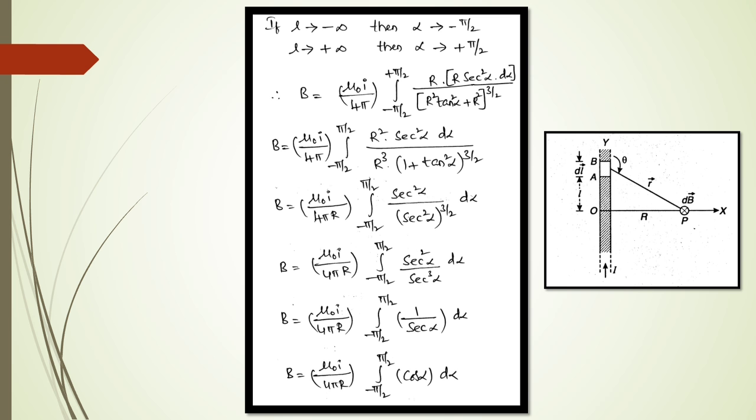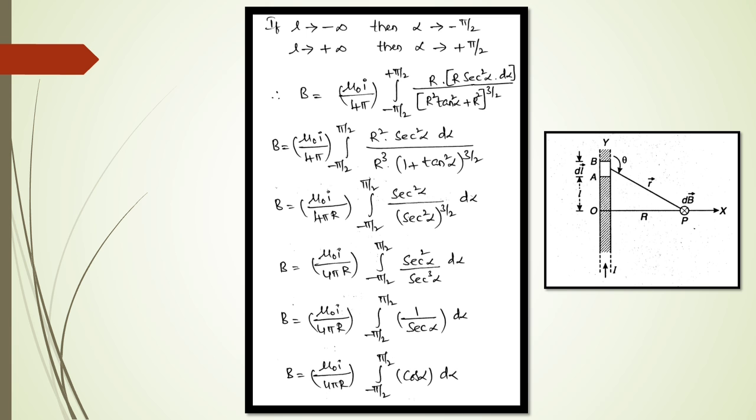On simplifying this equation, we will find B is equal to mu naught I by 4 pi integral minus pi by 2 to plus pi by 2 R square secant square alpha into d alpha divided by, on taking R square common, R cubed into 1 plus tan square alpha whole power 3 by 2.